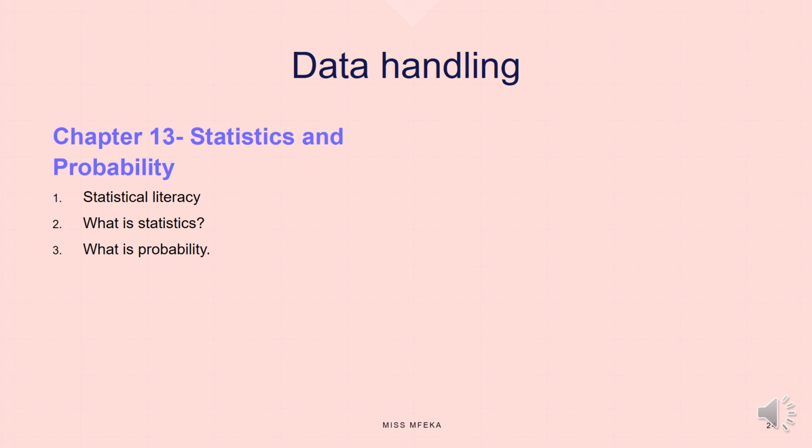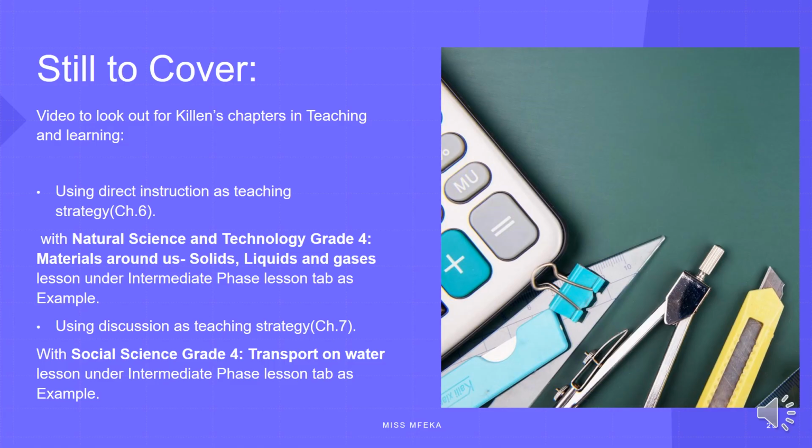Okay, as we said before, data handling for Luneta sticks to the definition really of the chapter. That's it for today's lesson. But if you want to read and learn more, there are chapters of Killen's on teaching and learning.